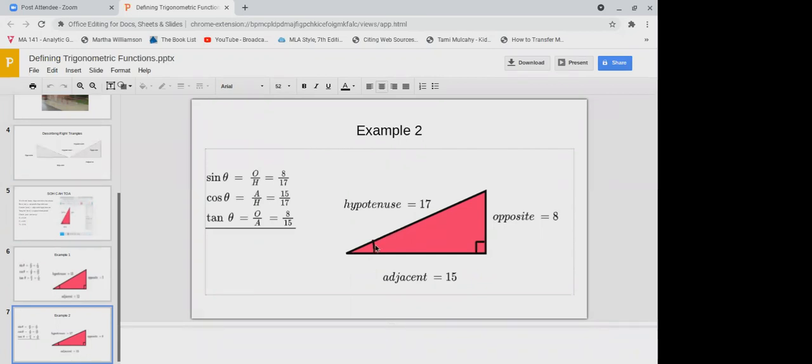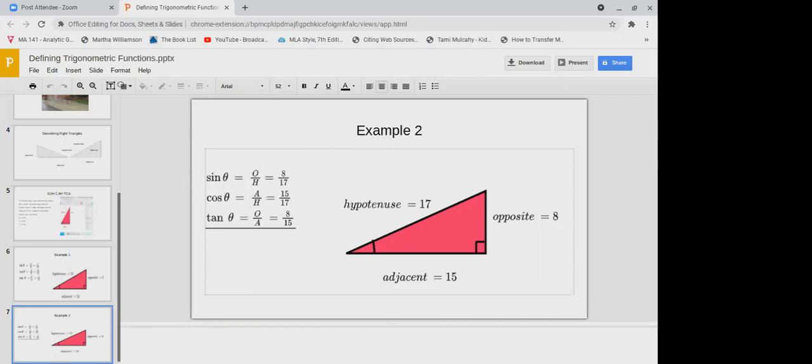Again, the triangle is oriented so that the acute angle is on your lower left. So once again, sine is opposite over hypotenuse, so you have 8 over 17. Cosine is adjacent over hypotenuse, which is 15 over 17. And tangent is opposite over adjacent, 8 over 15.